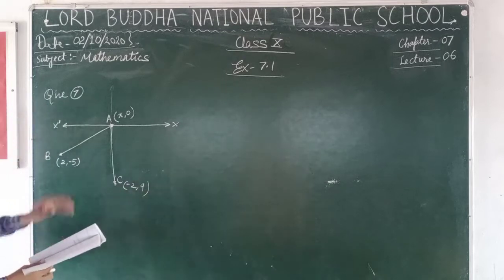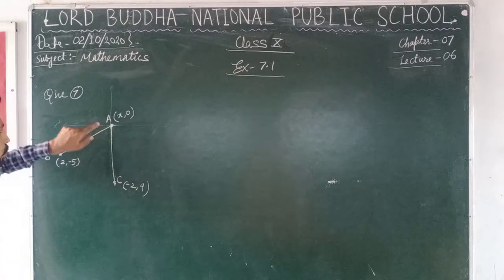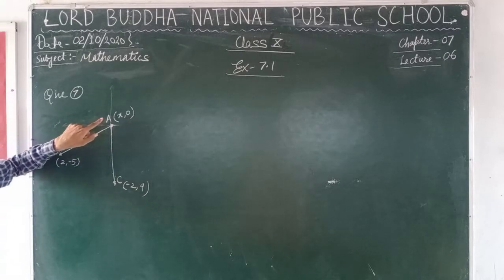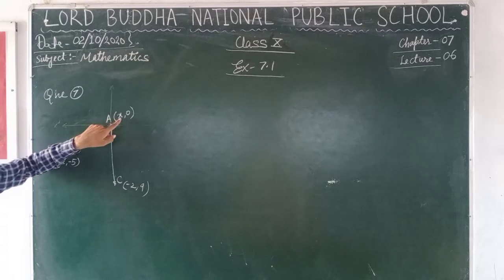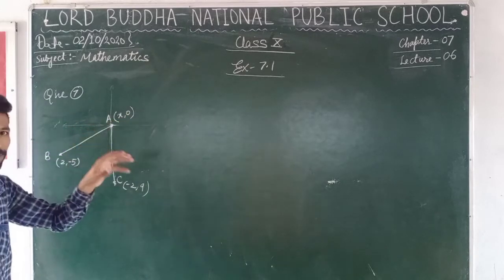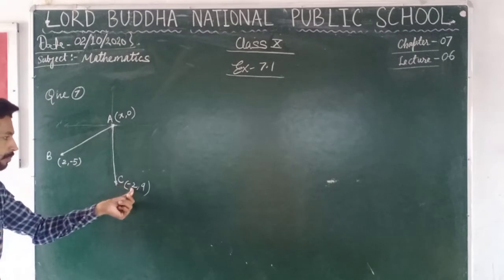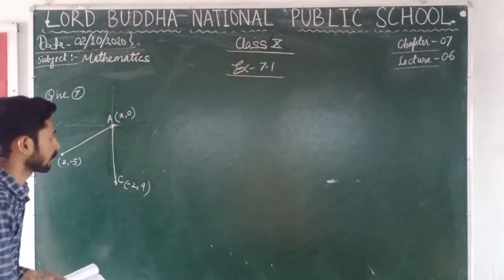So suppose that A is the point on the x-axis and its coordinates are (x, 0), because on the x-axis the coordinate of y is 0, and the other two points have the coordinates (2, -5) and (-2, 9).